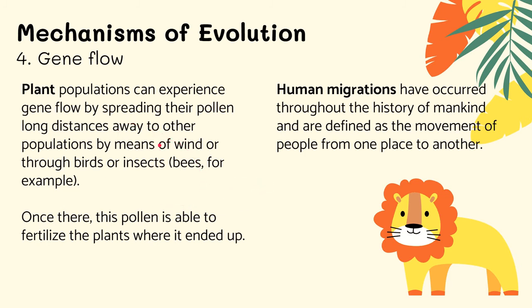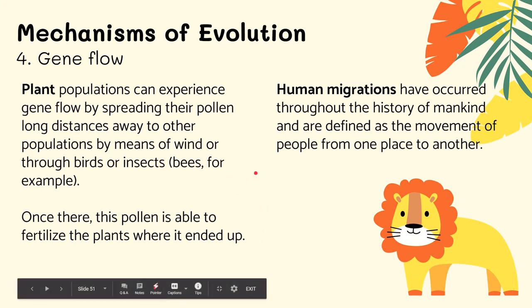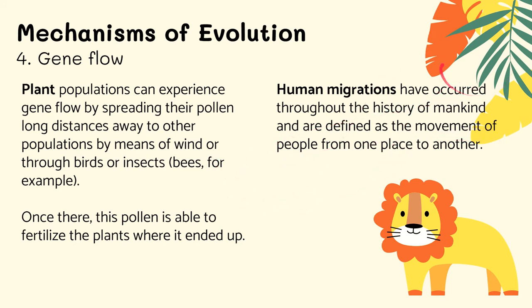Plants are good examples to show gene flow. Okay, they can experience gene flow by spreading their pollen long distances away to other populations, by means of wind or through birds or insects or even bees. So for example, this plant is only found here in this area, but once the wind carries the pollen, it can reach long distances, and once it lands on the soil there, it germinates, then it can grow and become a new plant there.